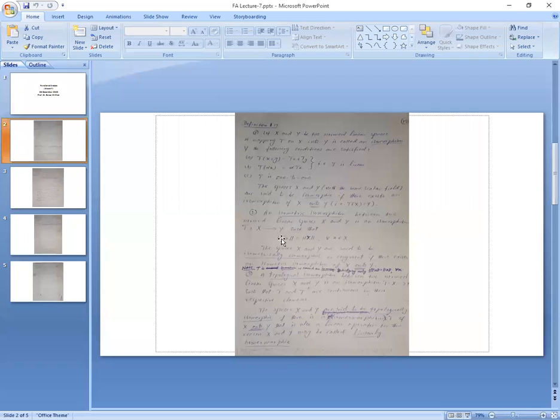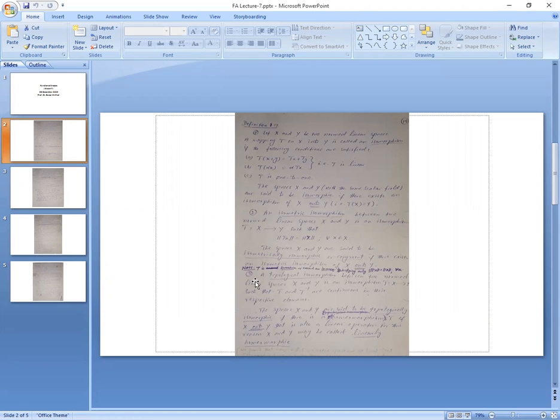T is an isomorphism from X into Y, and if T inverse exists, this T, the linear isomorphism, and its inverse T inverse from Y to X is continuous, then this isomorphism is said to be a topological isomorphism.